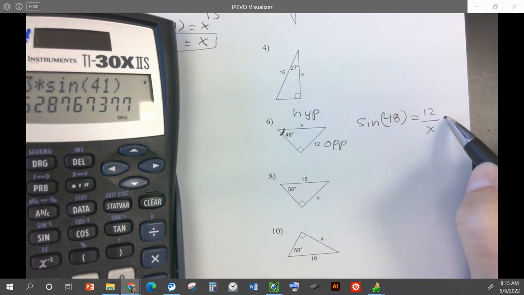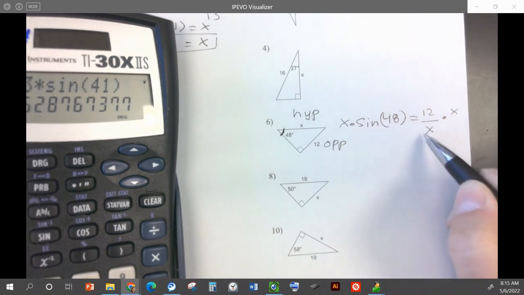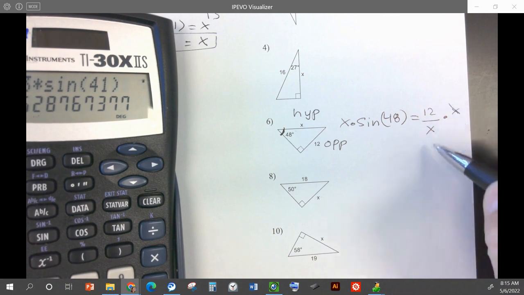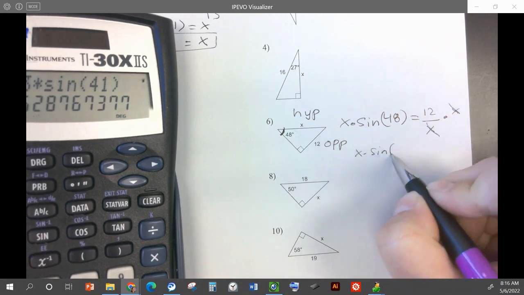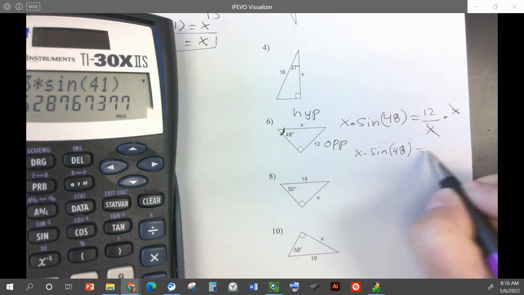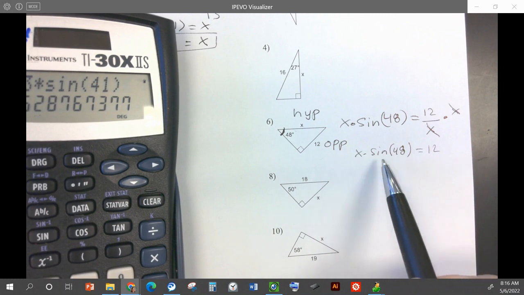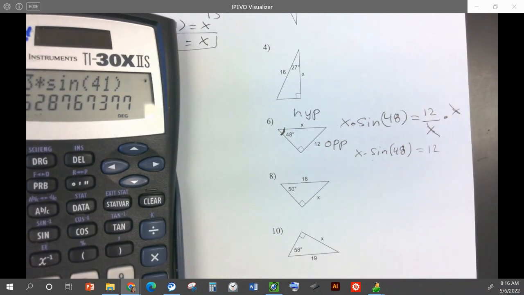So the first thing that we're going to do is multiply both sides by x. Good. So we need to get that x off the bottom. So we cancel x. So now we have x times sine of 48 equals 12. How do we get x by itself so we know the side length?